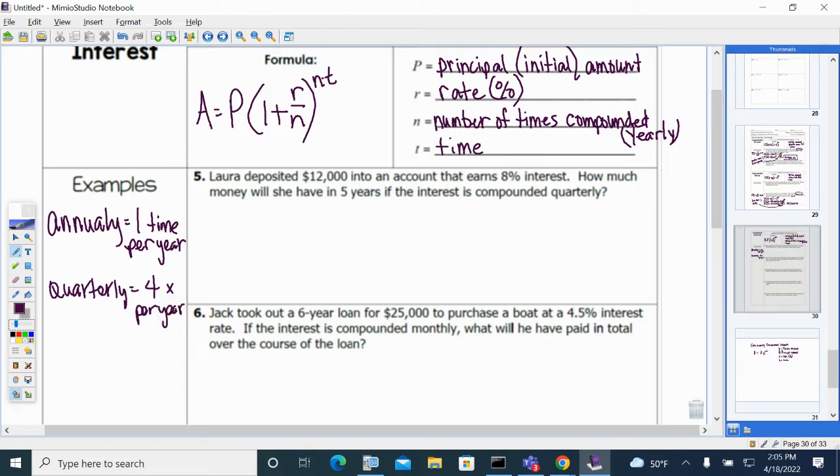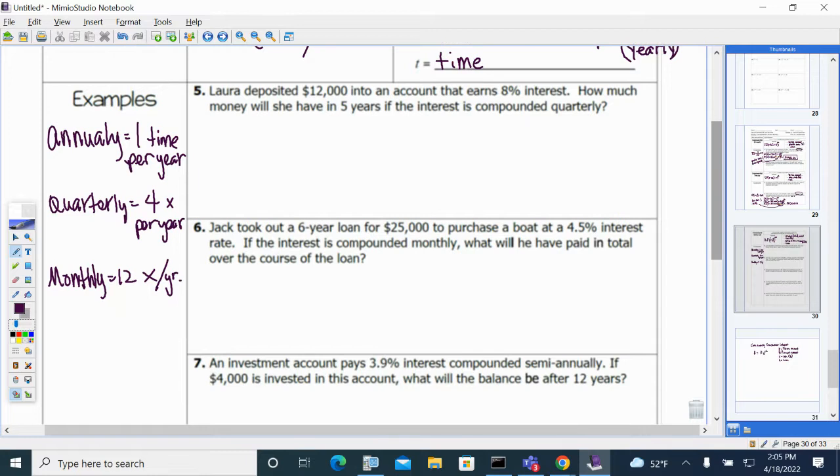You might see monthly, of course, is going to mean 12 times per year. You might see weekly. There are 52 weeks in a year.